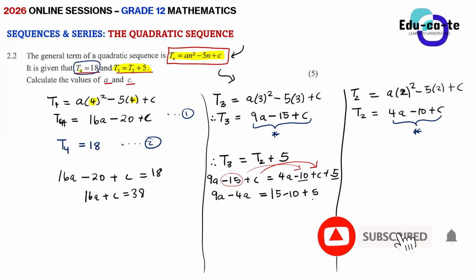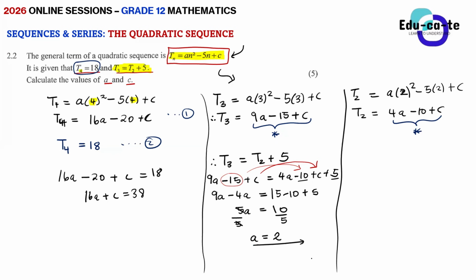Is that clear, guys? Okay, so 9a minus 4a will give us what? 5a, right? And 15 minus 10 is 5 plus 5 is going to give us 10. Then you need to divide both sides by 5. A is equal to 10 over 5, which is equal to, do you guys see it?